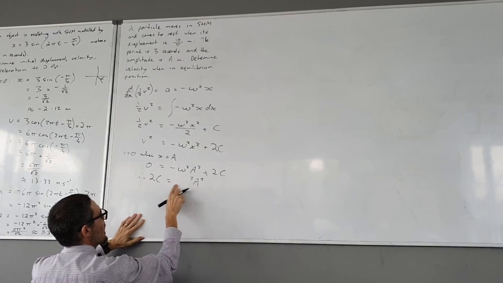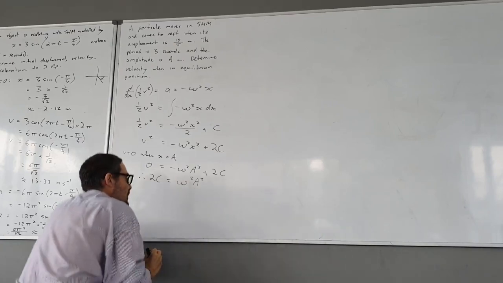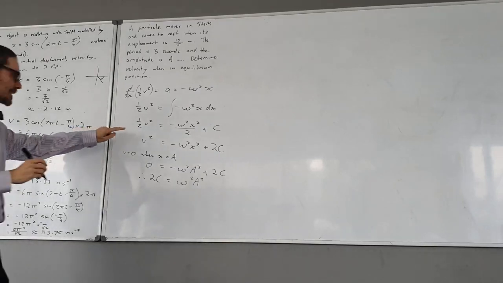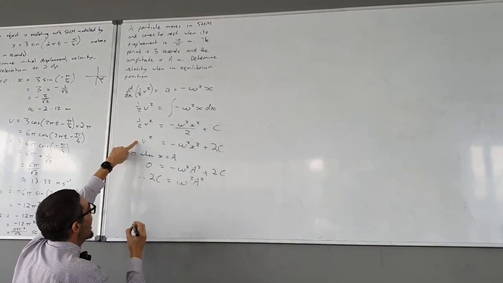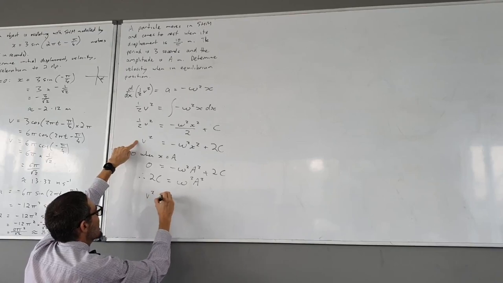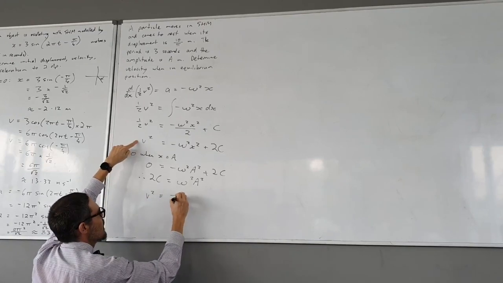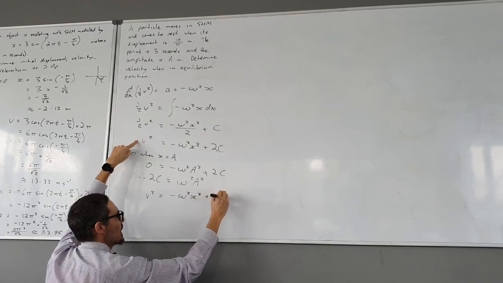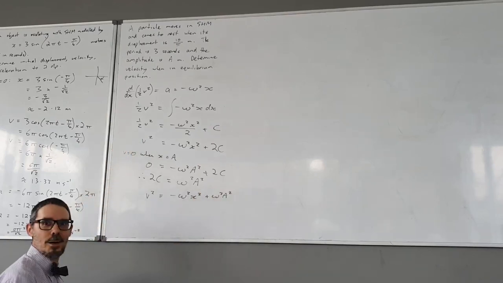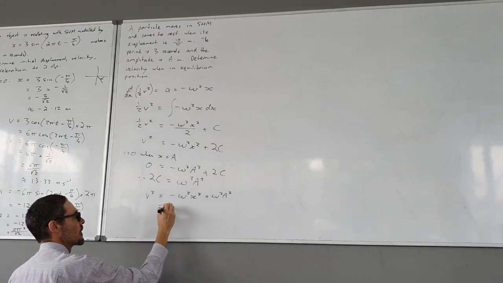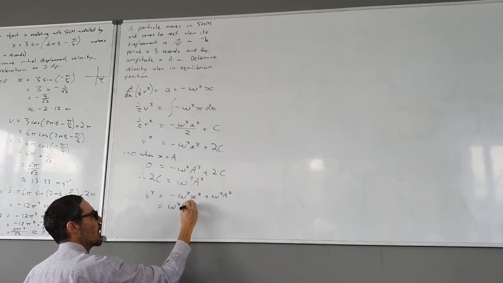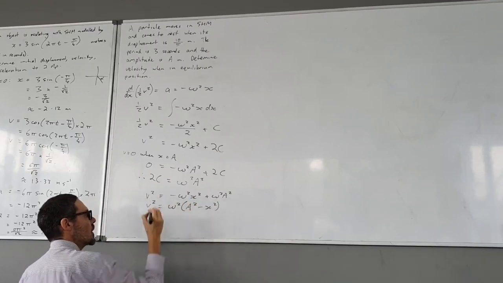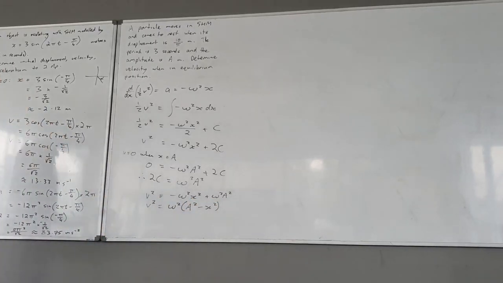That was an ugly omega. Omega squared a squared. Which means v squared is negative omega squared x squared plus omega squared a squared, as it says on the formula sheet.